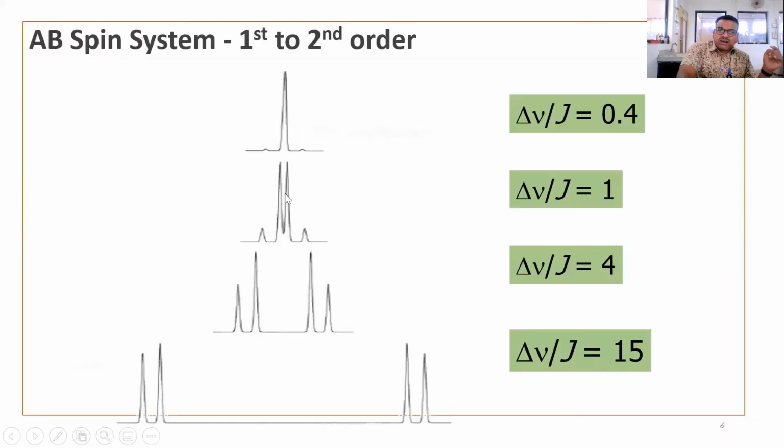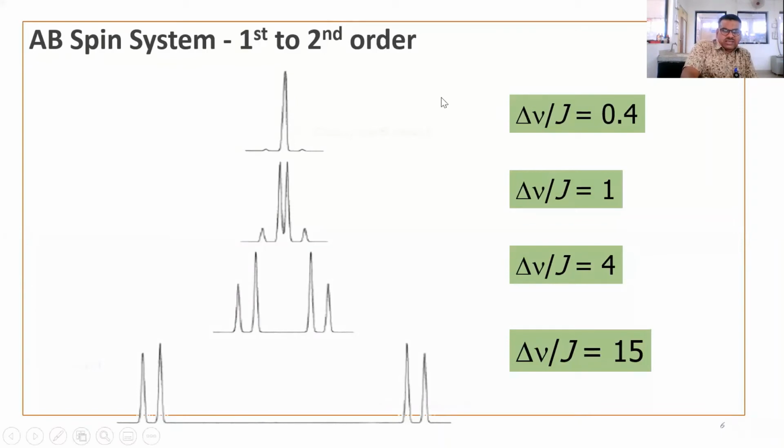Look at how the AB spin system contains first order and second order spectra. As I have explained, when delta V upon J is greater than 1, or greater than 100, we have first order spectra.